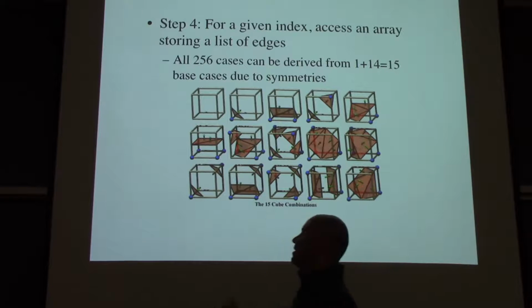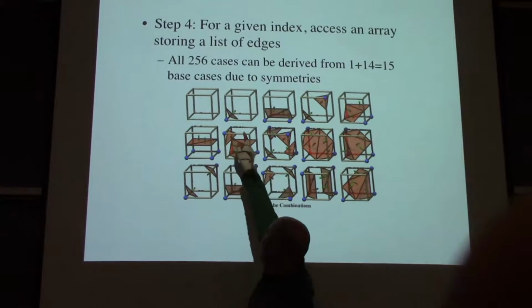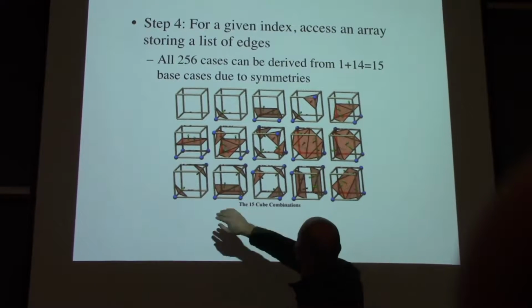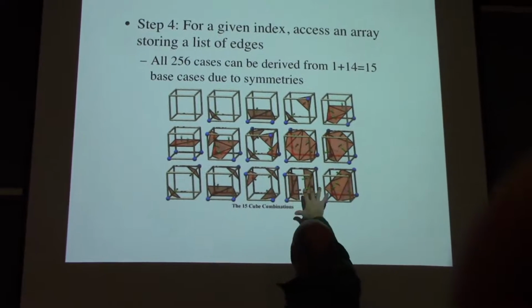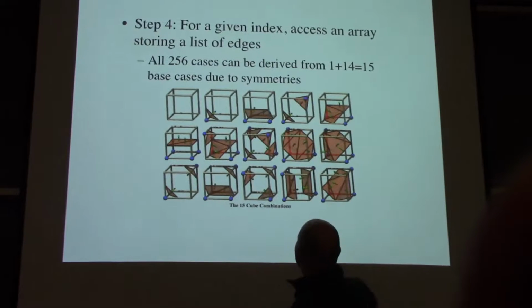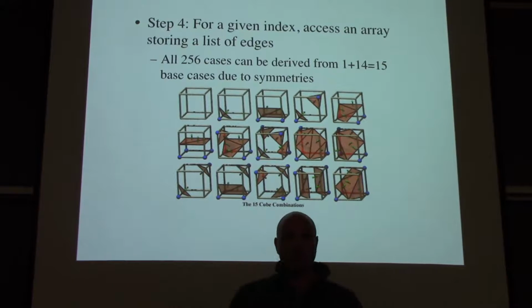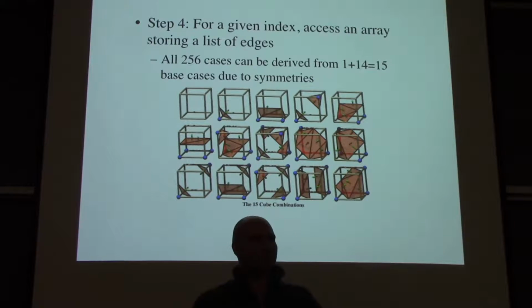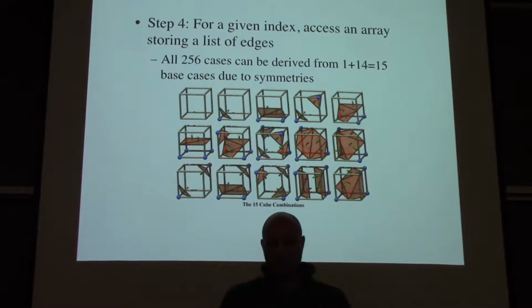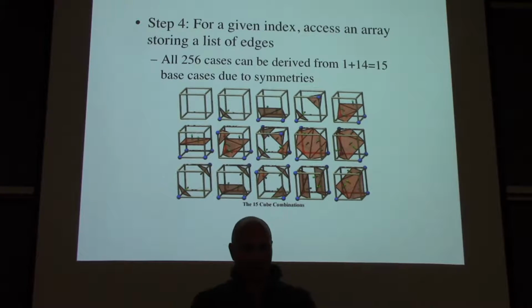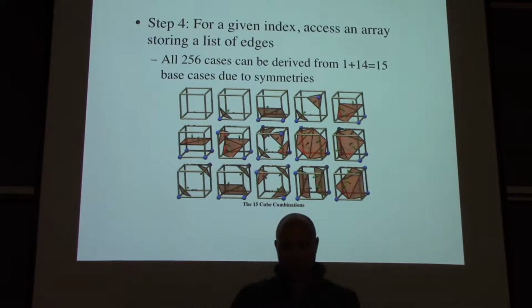You start with no crossings, then 1 vertex crossing, then 2, then 3 vertex crossings, and then some 4 vertex crossing cases over here, and that's basically all you can have in marching cubes. So any isosurface, at least as a piecewise linear polygon, a strip, as we're doing it here, is going to be one of these combinations in marching cubes.